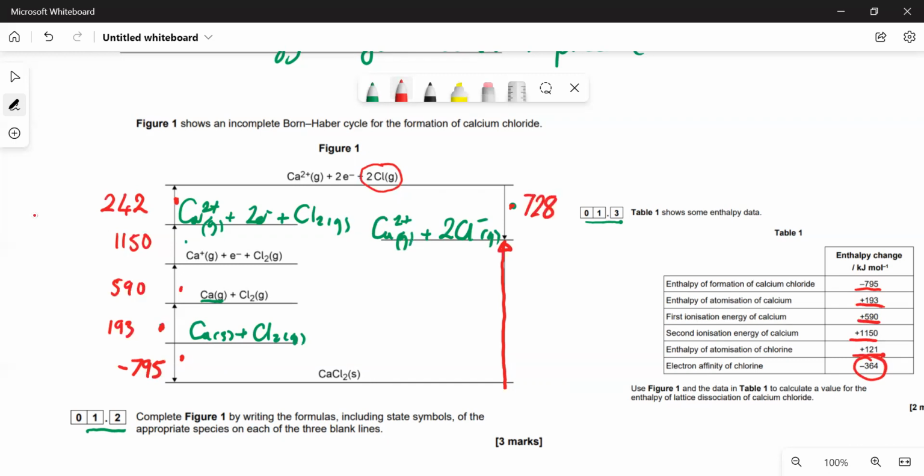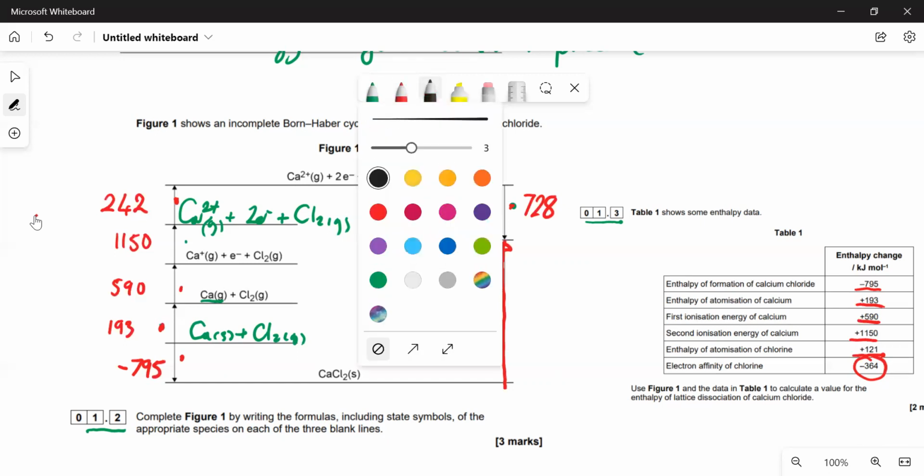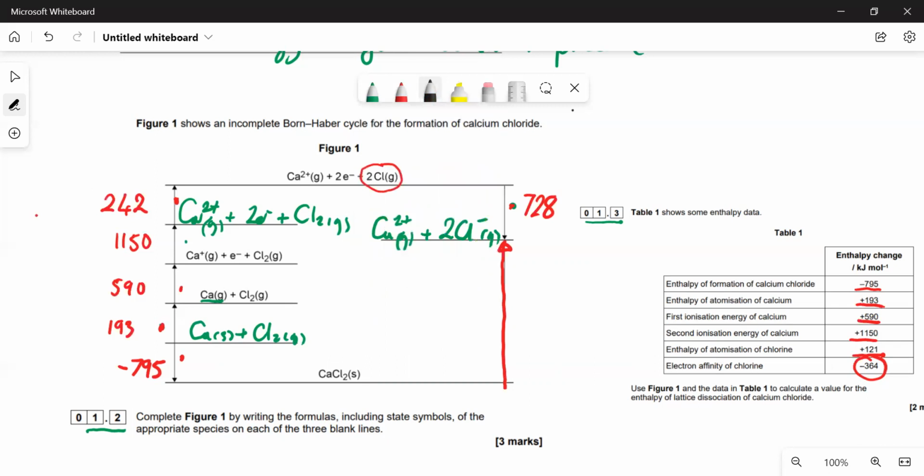Right. So what we're now going to do is add up this lot all together, and I work that out to be 2970. Again, I'm ignoring all those signs, the negatives and positives, because I've drawn it as a diagram.